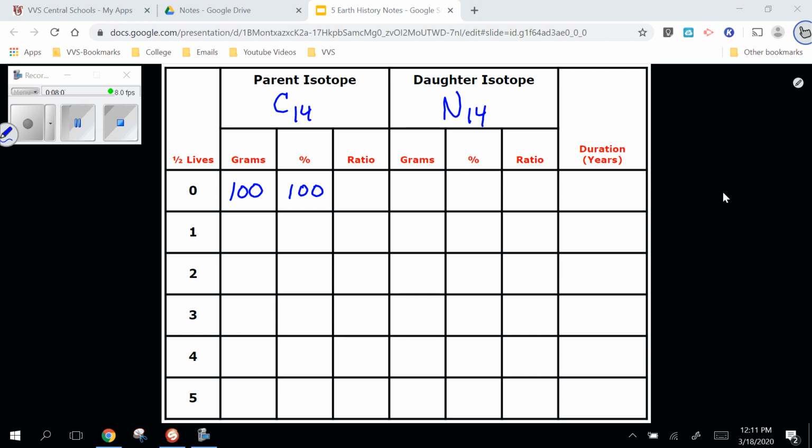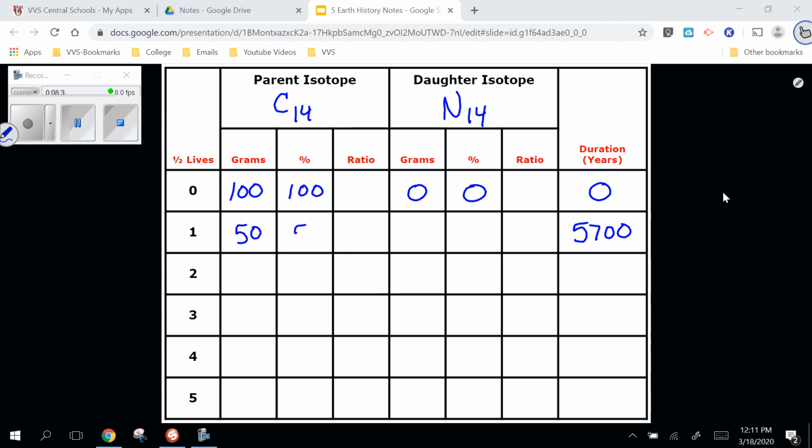If it just died, it doesn't have any nitrogen yet. So no years have passed. After one half-life, carbon-14's half-life is 5,700 years. So 5,700 years after that organism dies, it has half of what it started with.